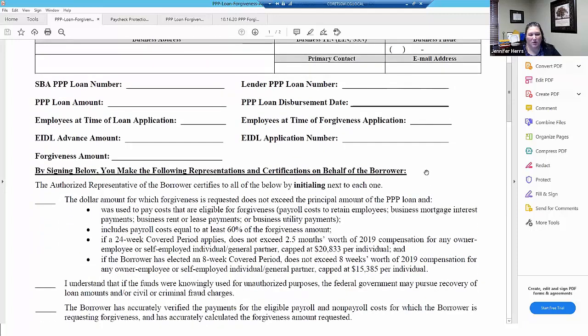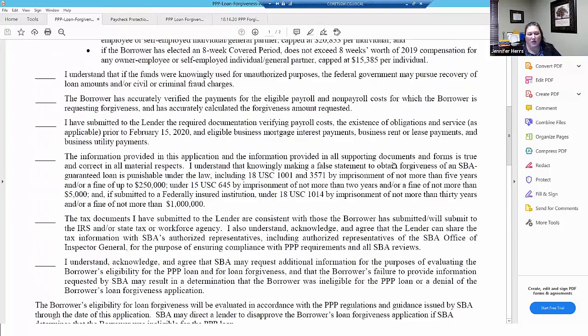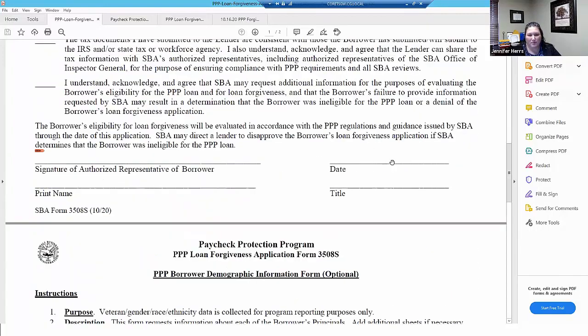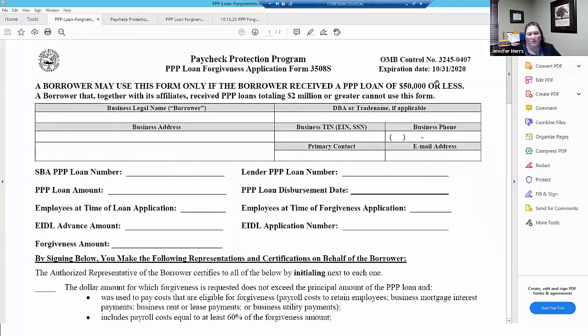Then you have to answer questions to make sure, and then you still have to provide information to them. If you have payroll, they want the payroll information, or if you're a sole proprietor, they want your bank account information showing that you paid yourself or rent or anything like that.